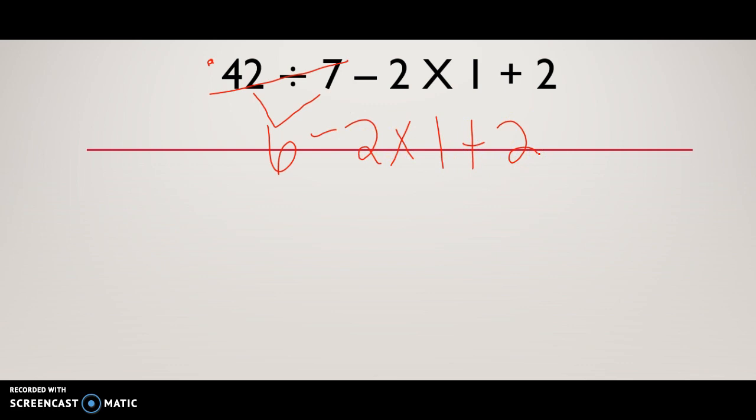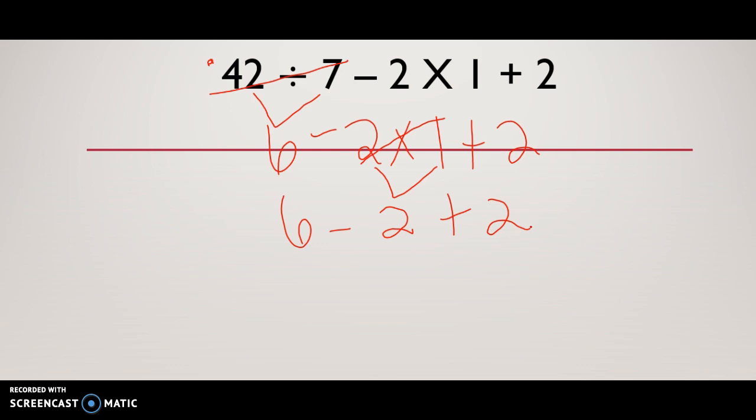I'm still looking for multiplication and division. I have another, which is multiplication. So I go there next. So 2 times 1 is 2. Cross out what I've done, bring down everything that I did not touch. Okay? Now, all of the multiplication and division are gone.